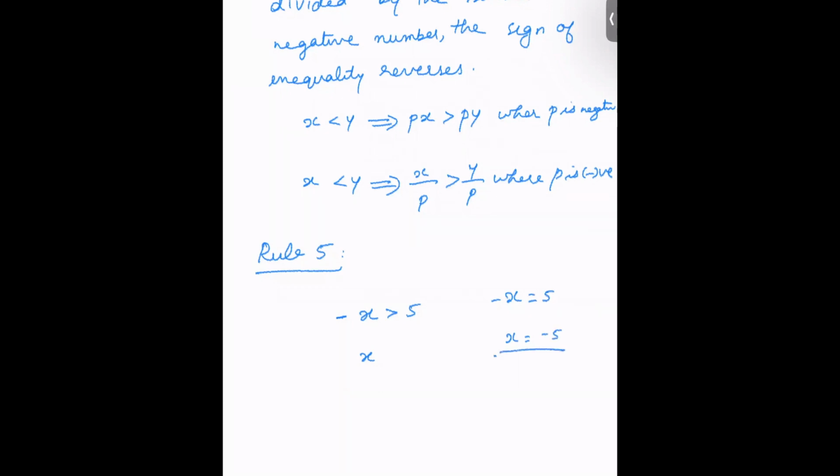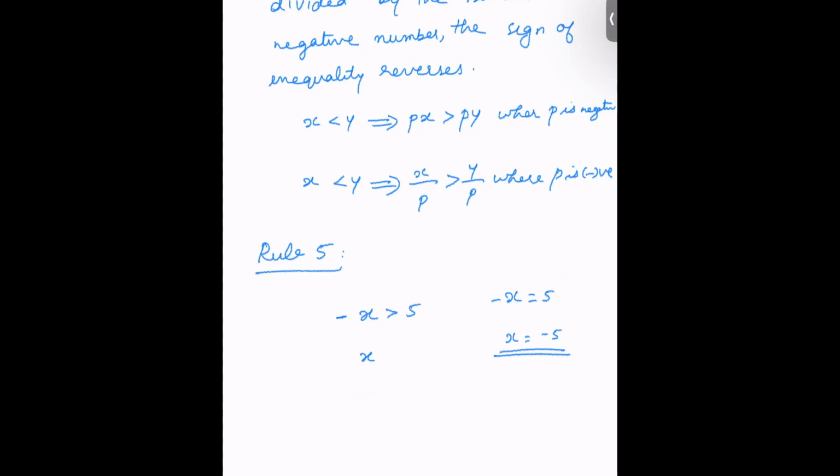X would become -5, right? We automatically do it, like mental math, we just do -5 if it is an equation. But this is an inequation. If you want x but you have negative x, what you generally do is multiply with -1, right?